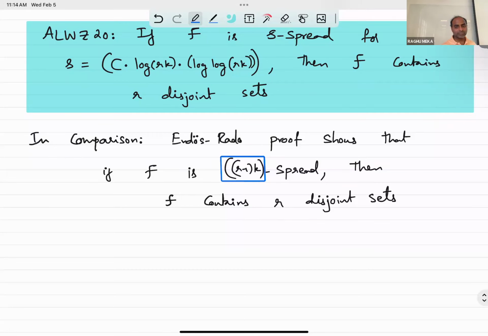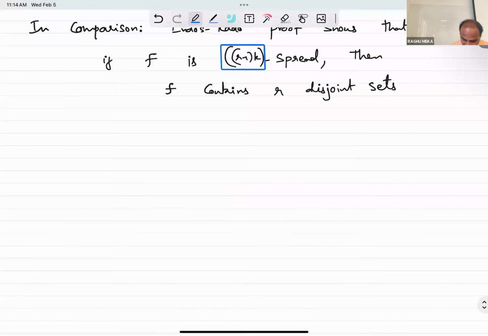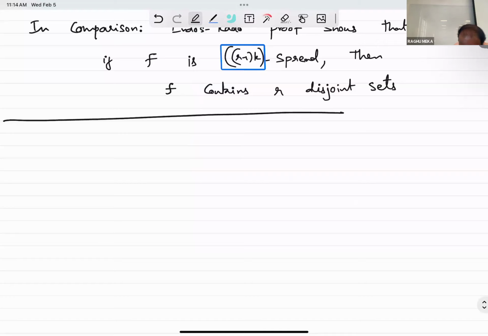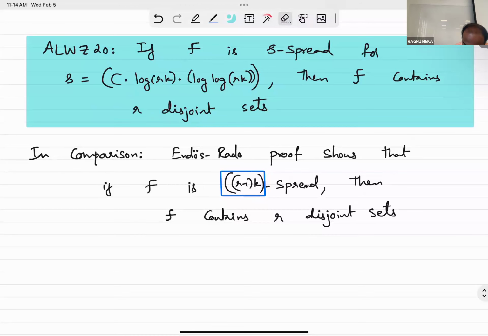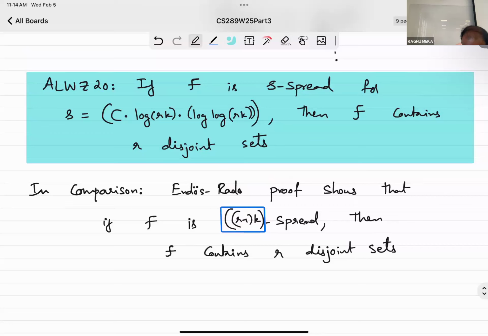Okay. And what I want to do today is just, let me call this the main spreadness lemma.